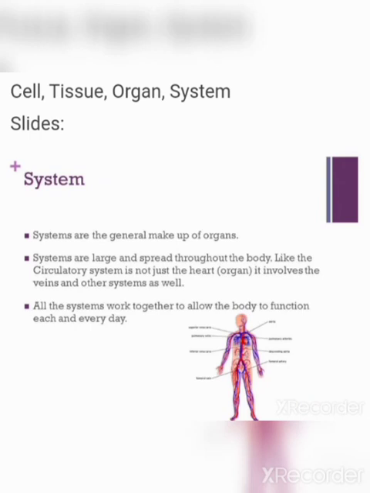So systems are the general makeup of organs, right? You can say that a group of organs that work together to carry out a certain job or function is called an organ system.